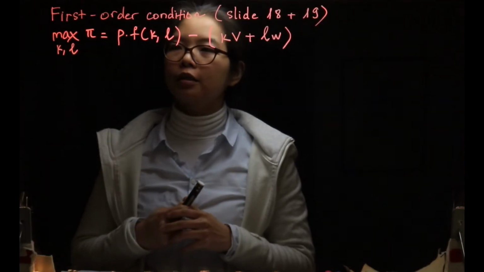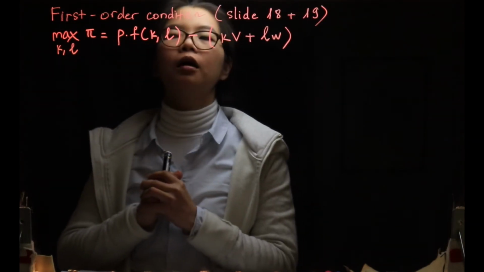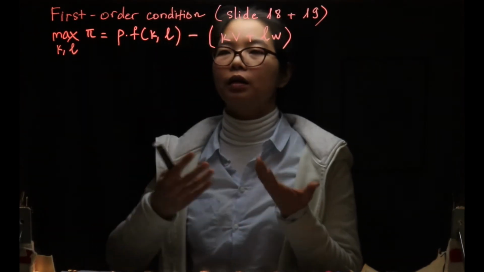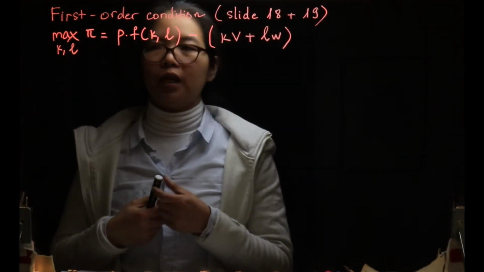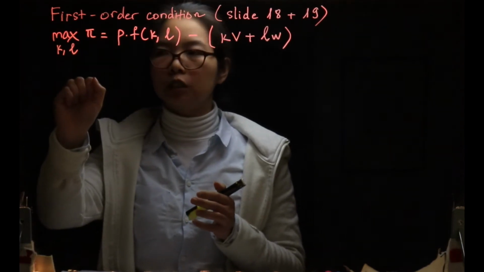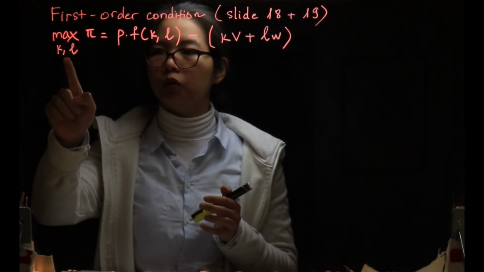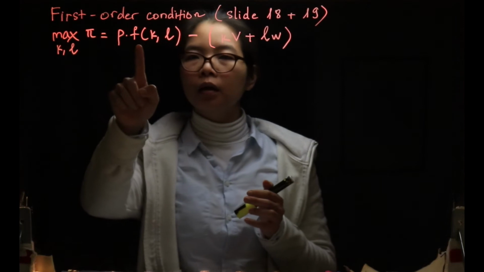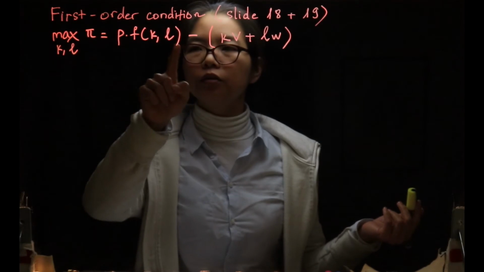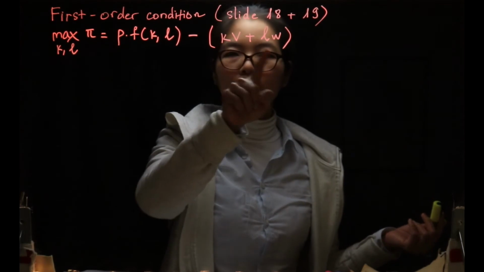Okay. Now let's have a look at the first order condition of the profit maximization problem from input perspective and see what is their implication. So I wrote down already the new setup from input perspective. Now we maximize the profit with respect to input use, K and L. And the definition of profit now can be written as a function of K and L. We plug K and L in the production function, the output quantity, and in the cost.